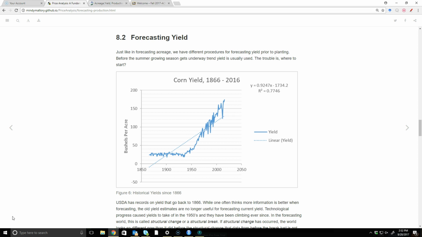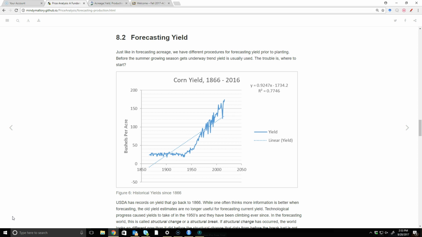Prior to the summer growing season, our best estimate of yield is just going to be to plug in whatever the trend yield is. And so let's talk a little bit about estimating trend yields for corn. Now, it turns out that the USDA has records on crop yields, especially corn yields, that go back to 1866, which is quite a while in the history.